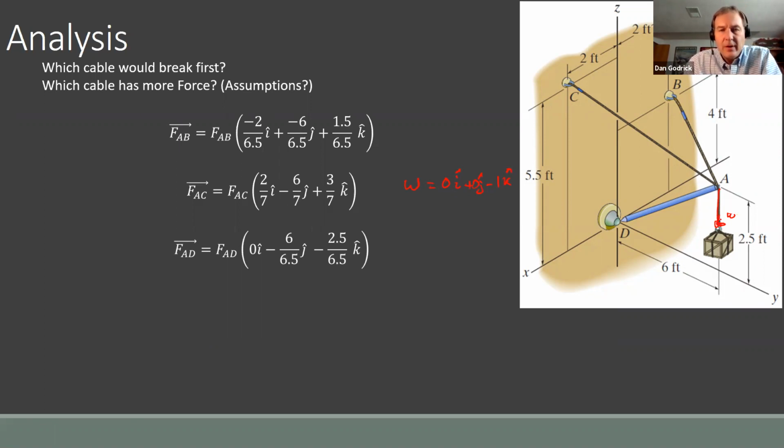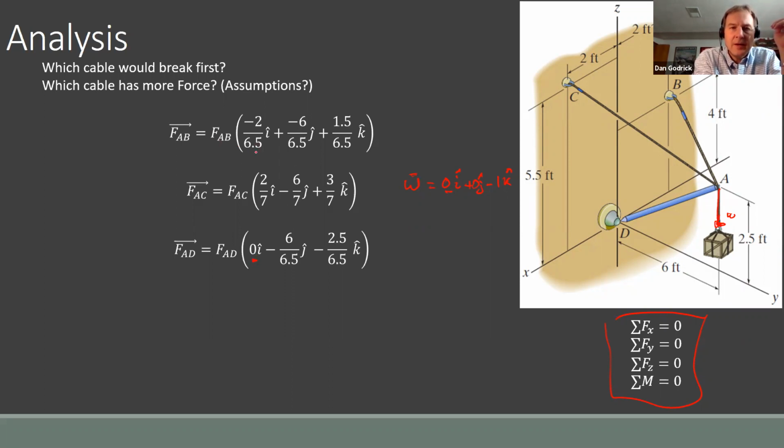All right, so now, which of these equations, sum of the forces in the x, sum of the forces in the y, or sum of the forces in the z, do we want to use? Well, which component is only acted on by the cables? Well, W has 0 in the i. F of AD has 0 in the i.